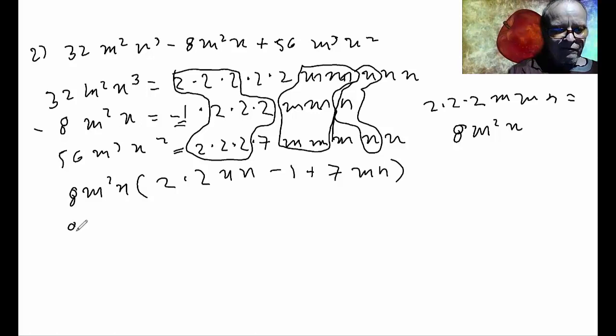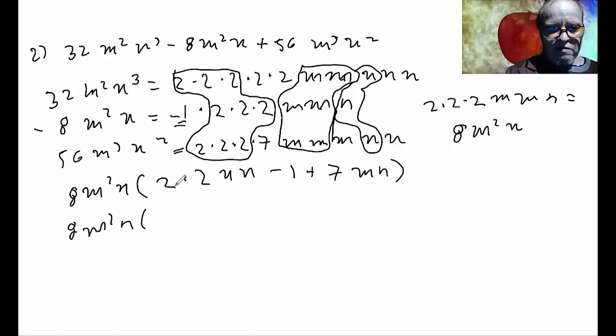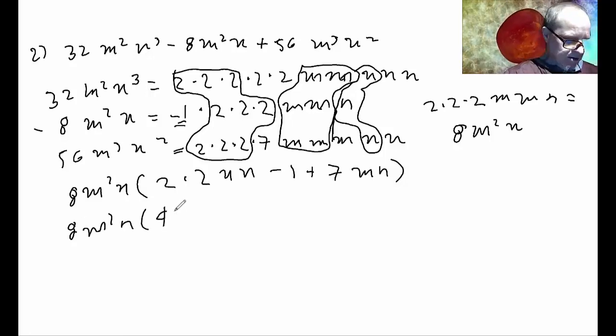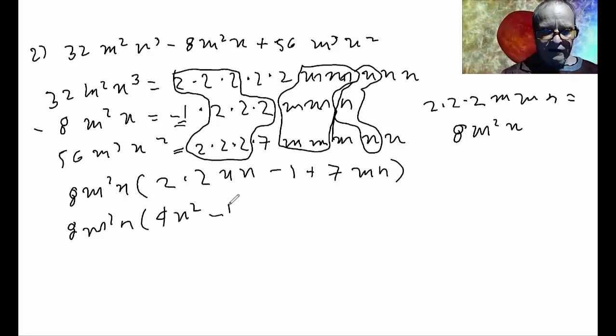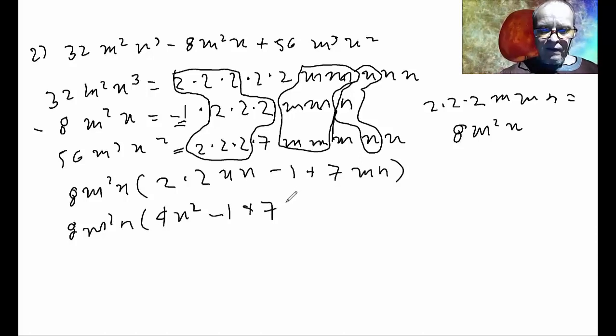And that's the same thing as writing 8m squared n times (4n squared minus 1) plus 7mn.